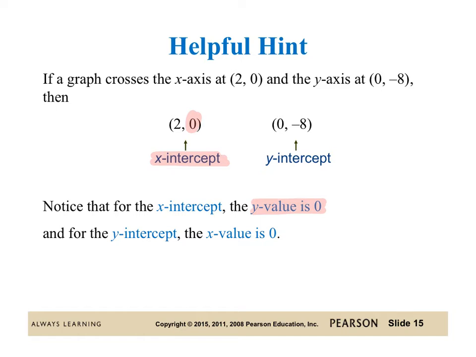And when you have a y-intercept, your x value is 0. So keep in mind that for the x-intercept, it is the y that is 0, and for y-intercepts, it is the x that is 0. That sometimes confuses people.